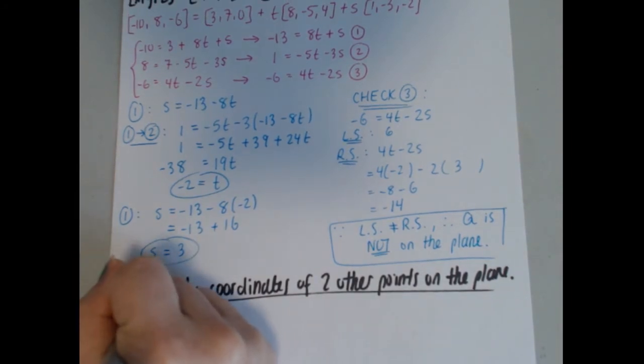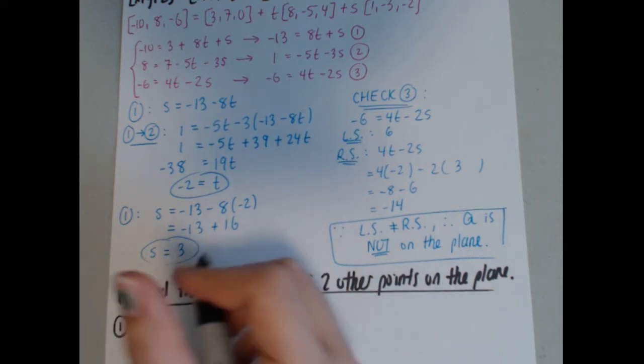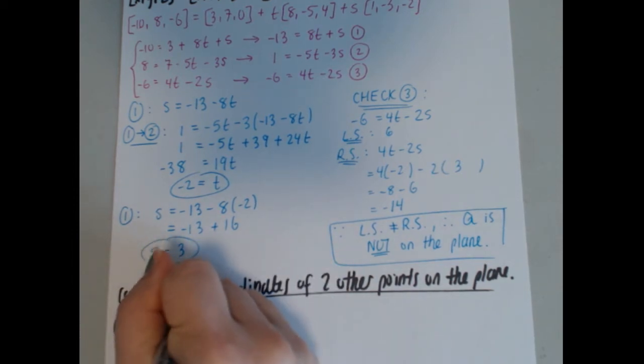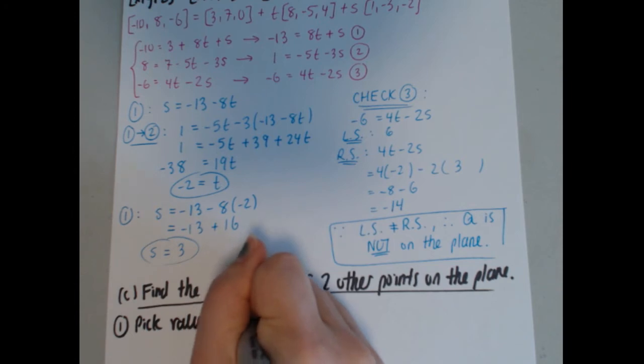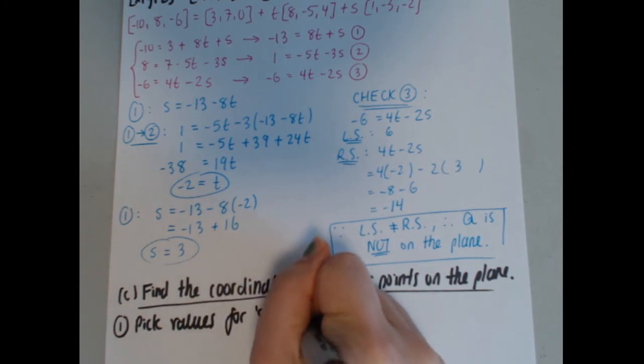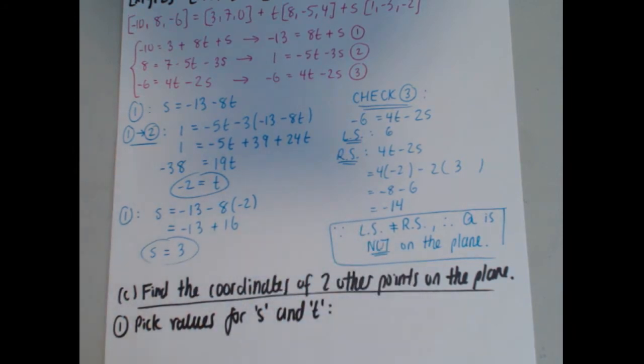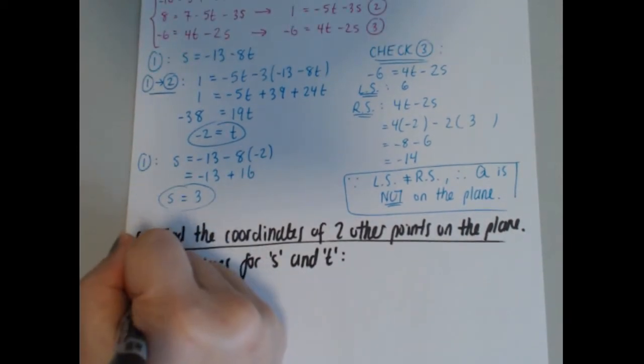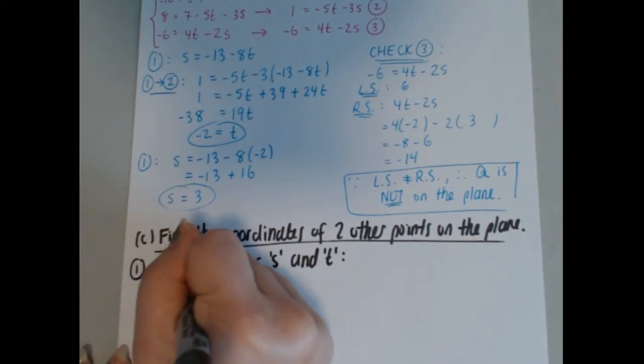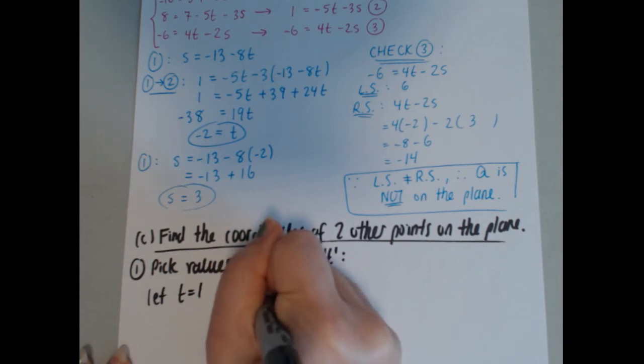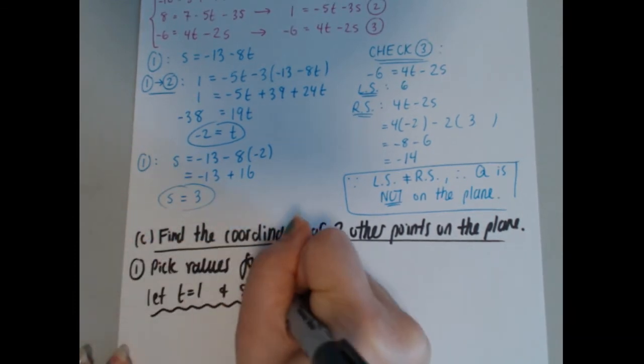Okay, so let's pick values for s and t. All right, so for example, let's pick t is equal to 1 and s is equal to 1.